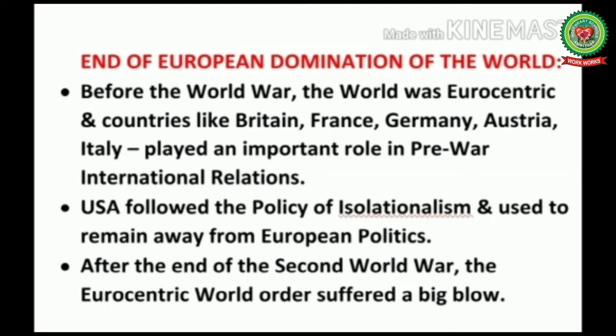However, after the end of the Second World War, the Eurocentric world order suffered a big blow. Now, I will discuss the points to prove how there was a shift from the Eurocentric world to the USA.